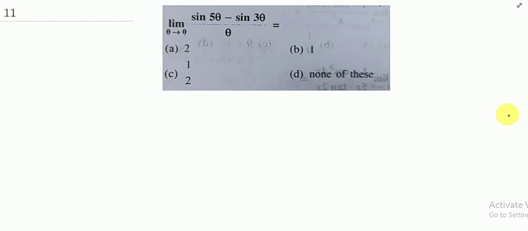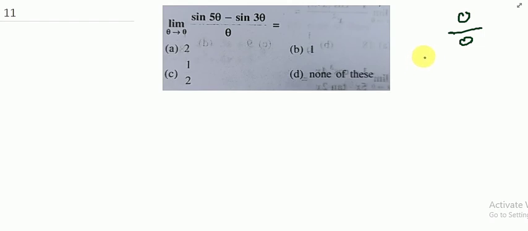So, next problem, the limit of (sin 5 theta minus sin 3 theta) divided by theta. Again, if you apply theta tends to 0, it will be 0 minus 0 divided by 0, hence it is 0 by 0 form. This is the main hint for all these problems: 0 by 0 or infinity by infinity problems. Now if you differentiate the numerator, I'm not writing limit of theta tends to 0 in each and every step, because in competitive exams you need to save your time.